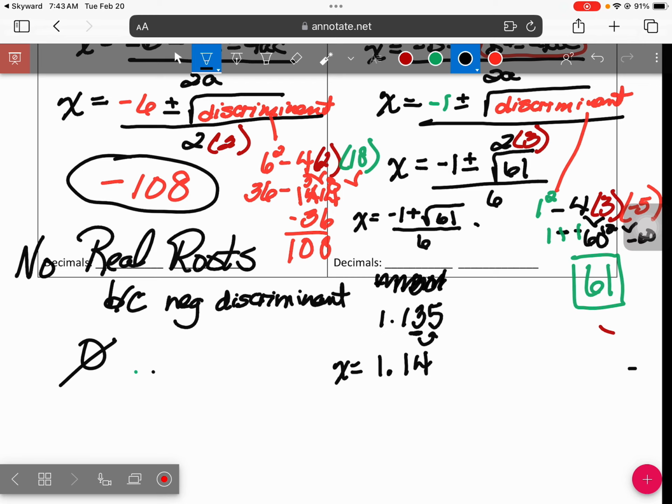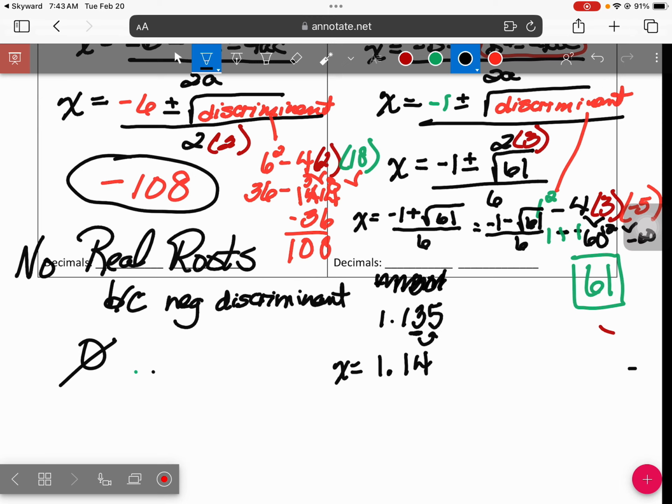The second one is going to be the opposite of 1 minus the square root of 61, all divided by 6. Let me grab a calculator too. So here is how it goes down.